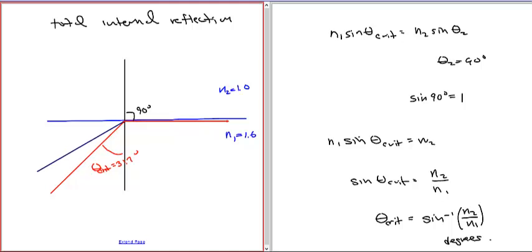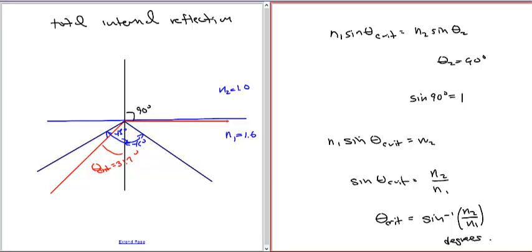Let's say this angle is 45 degrees. Well, what would happen is that this thing would bounce off such that the angle relative to the normal would be 45 degrees. So at 31.7, it goes up here, it goes parallel to the surface. Any angle greater than that, it's going to bounce back.